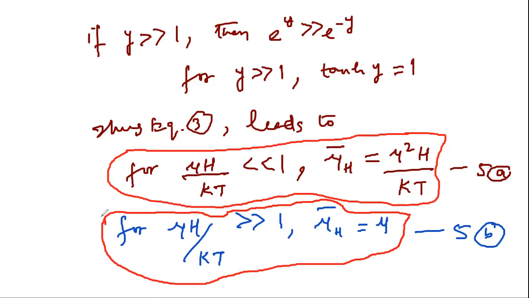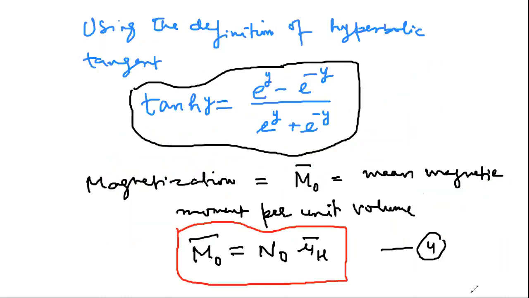Let me check them. For mu h by kT much less than 1, we have mu h bar is mu square h by kT, it's my 5a, and for mu h by kT much greater than 1, mu h bar is mu, this 5b. This is equation 3, which is leading us to this limiting behavior when we use the above conditions.